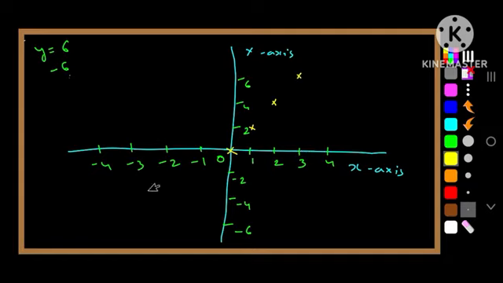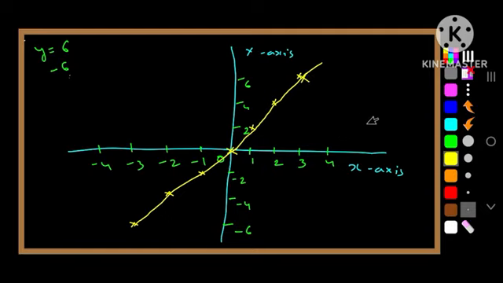Similarly for minus 1, I'm getting the answer as minus 2, so I'll plot it here. For minus 2, I'm getting minus 4. For minus 3, I'm getting minus 6. If I join all these points, you can see that I'm getting a straight line.